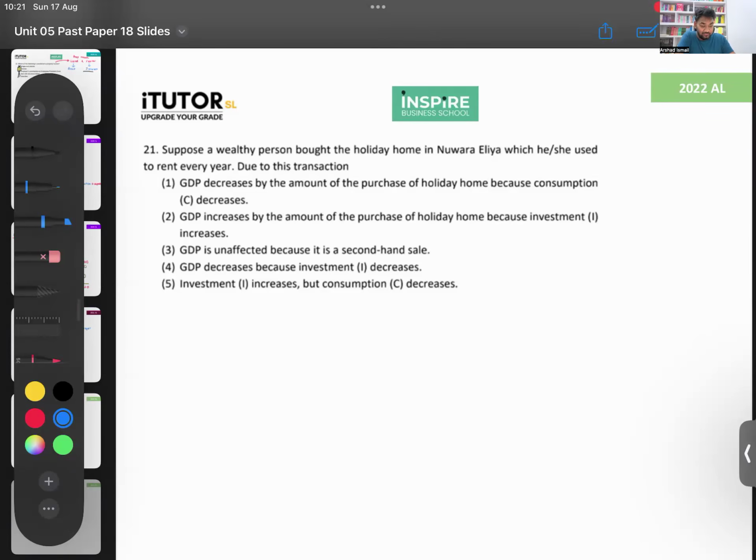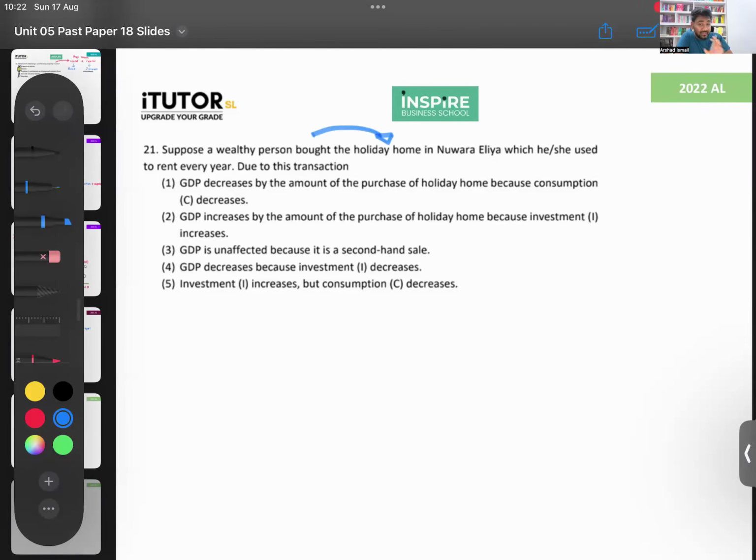Okay, first of all, a wealthy person has bought a holiday home. Is this a newly constructed one, or is this an already existing holiday home? Has the question told you that it's a newly constructed holiday home? No. So maybe there is a foreign resort in New Delhi, and one person who has money has gone and bought it.